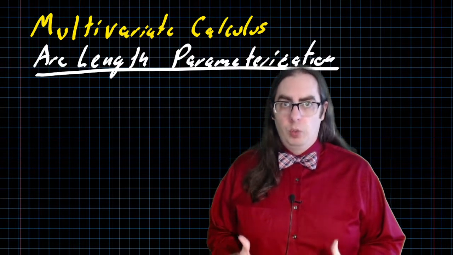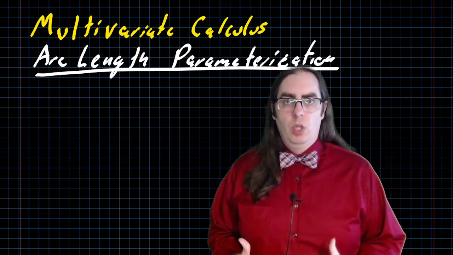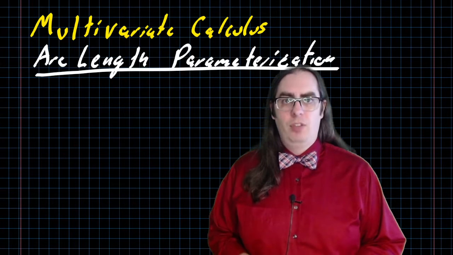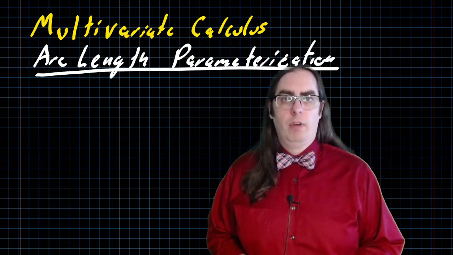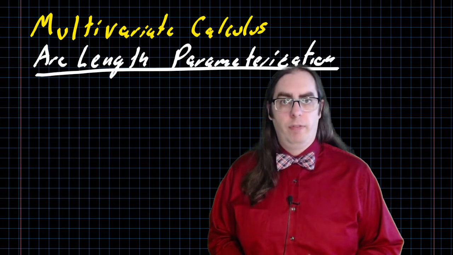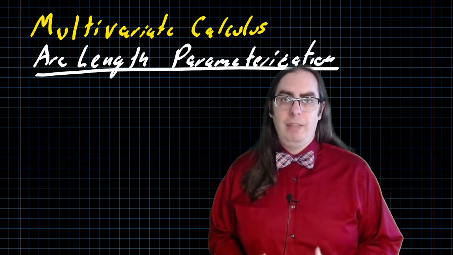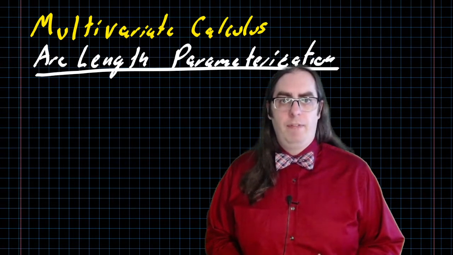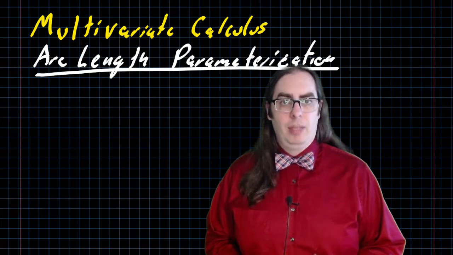First of all, reparameterization. We have seen in the past that when you define a curve parametrically using a vector-valued function, there are infinitely many different functions that define the same curve.